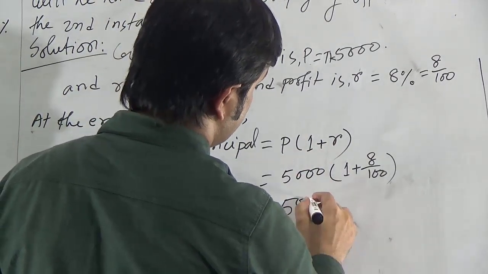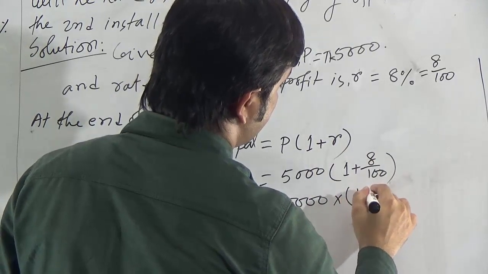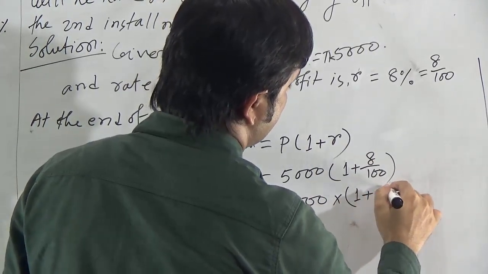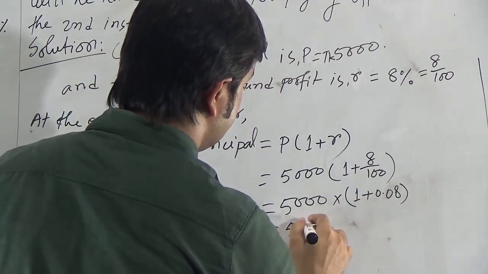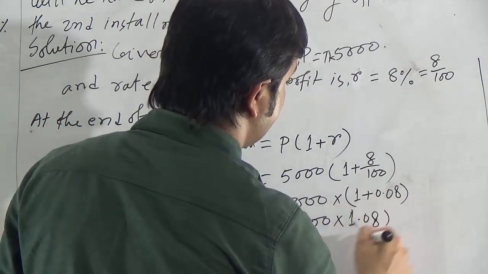Now you can calculate easily here. 5000 multiplied by 1 plus 0.08. So this will be 5000 multiplied by 1.08.